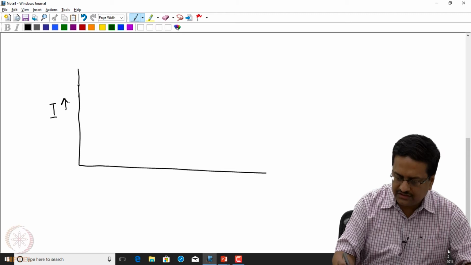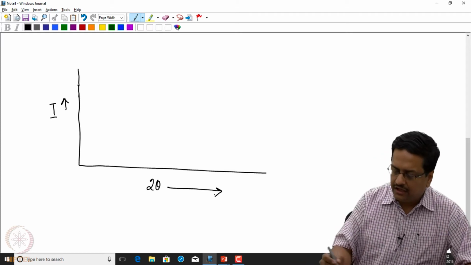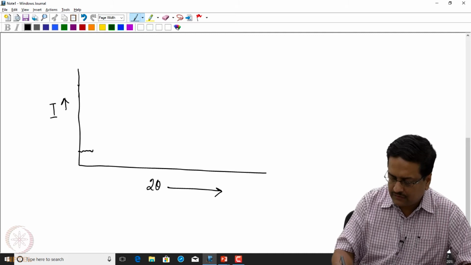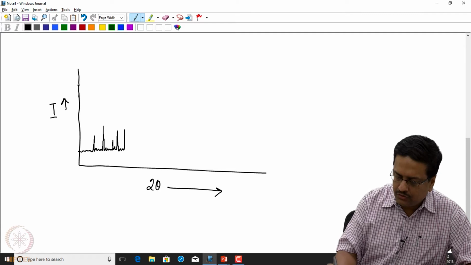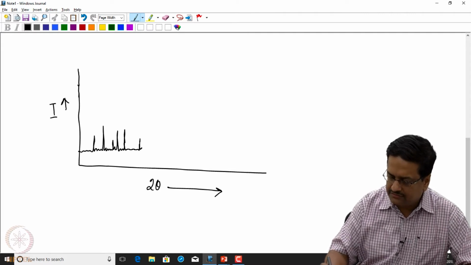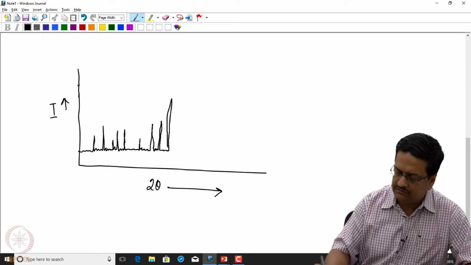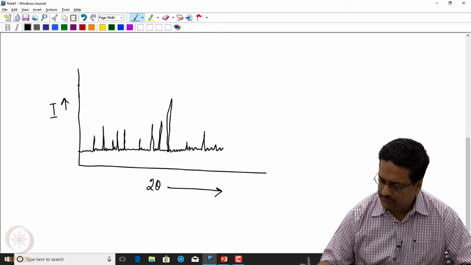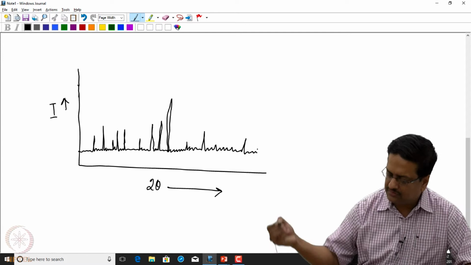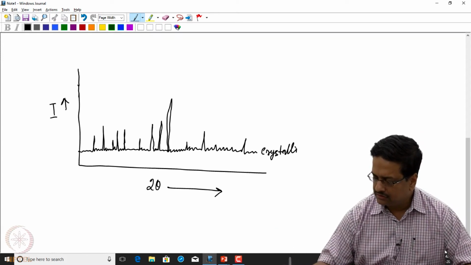We plot intensity on the y-axis and 2 theta, the angle of diffraction, on the x-axis, and for a crystalline substance this would result in a pattern like this with some peaks, some gaps and some tall peaks and so on. So this peaky signal is coming from a crystalline substance.